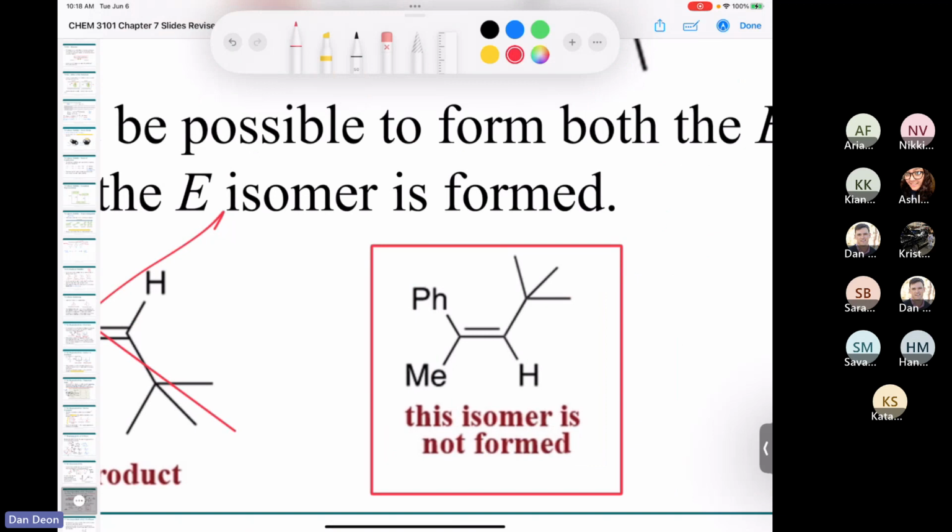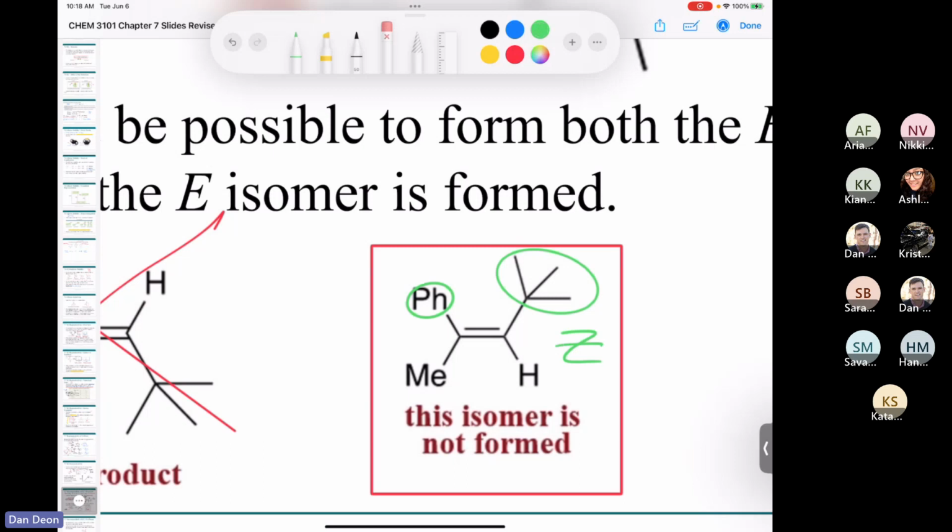First, can anybody tell me, is this the E compound or the Z compound? Did anybody identify this as an E alkene or a Z alkene? This would be a Z alkene, right? We have this group as being higher priority, and this group is being higher priority. So therefore, this is the Z product, the Zusammen product.